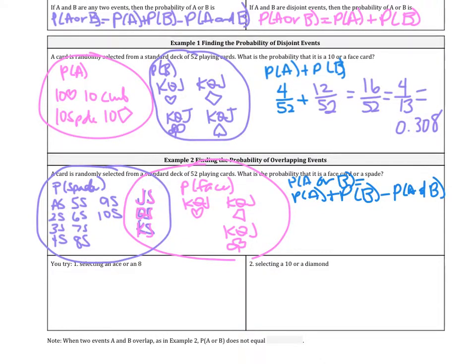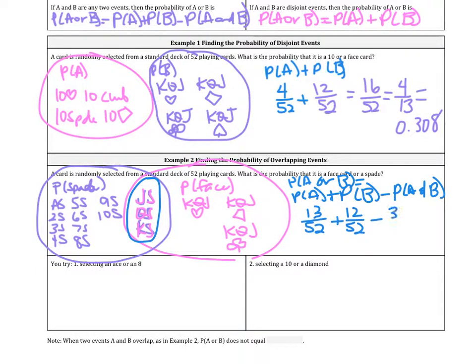So for the probability of A, the spades, there are 13 cards out of 52. Then for the probability of the face cards, there are 12 out of 52. Then the probability of A and B, that's the intersection, it's right here.